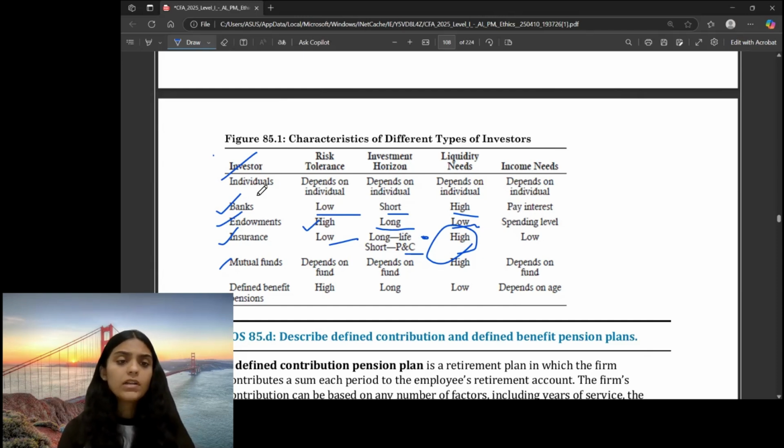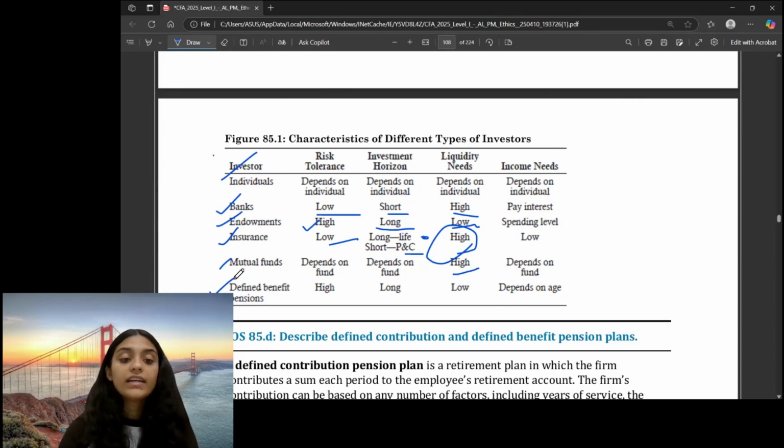The investment horizon also depends upon the fund. Liquidity needs are high, because mutual funds can be bought and sold anytime, so they need to have liquidity.